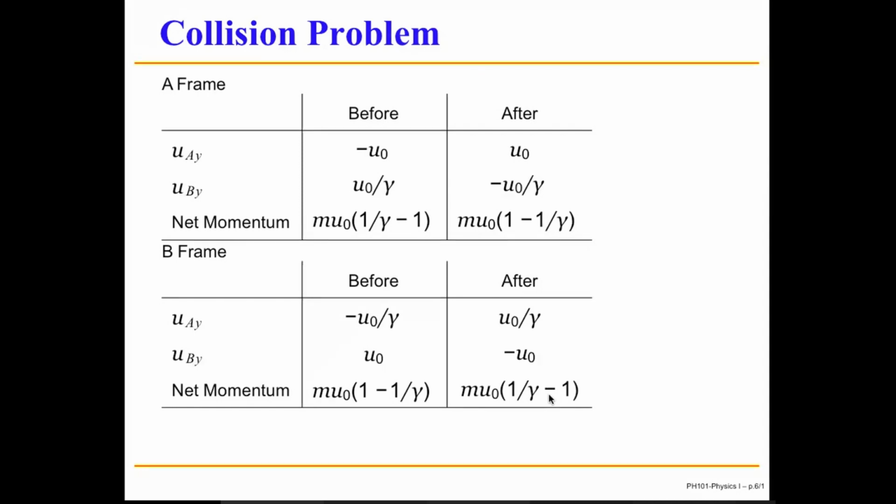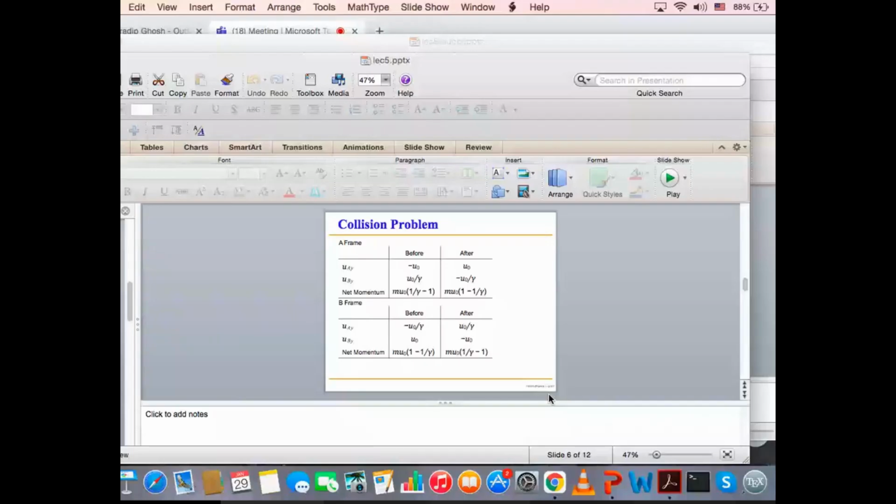But hang on. It's not that straightforward. We have a little bit of things to consider. So what are they? Now our task is to find out. This is all fine, the momentum that we have calculated.